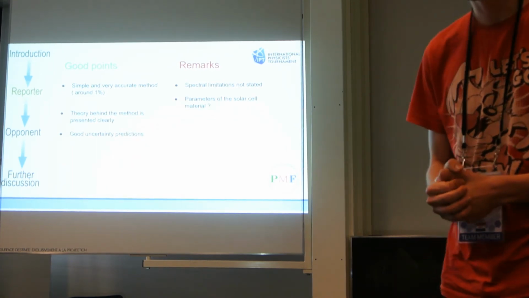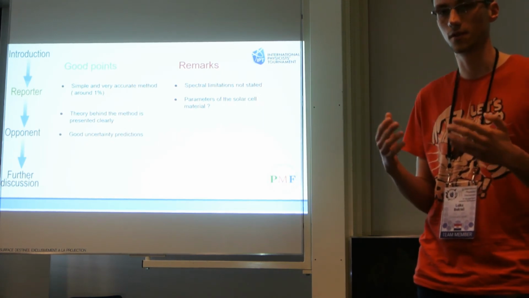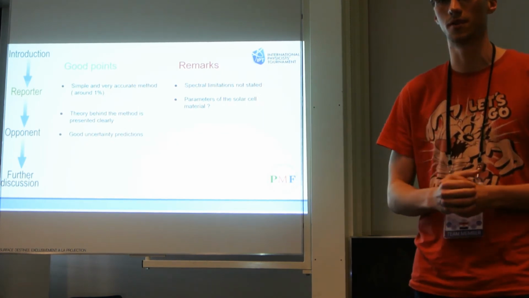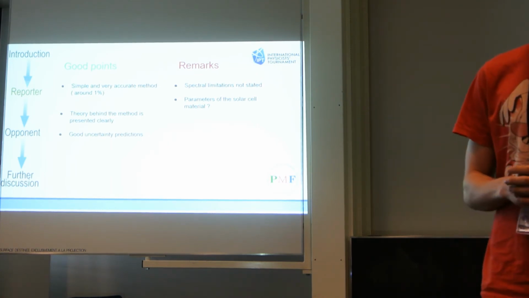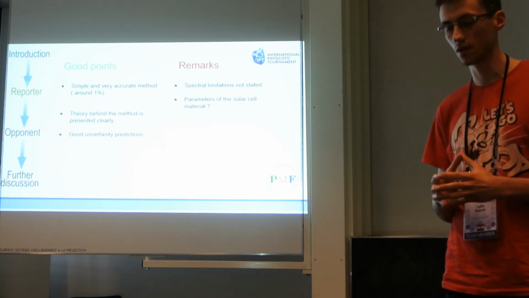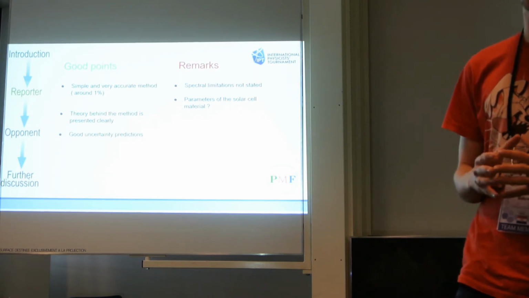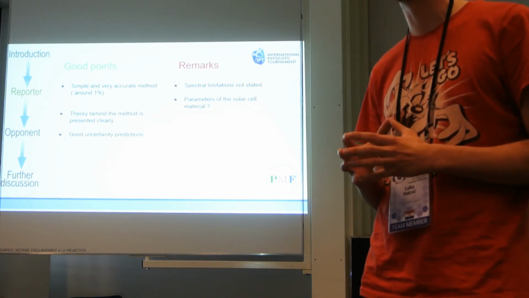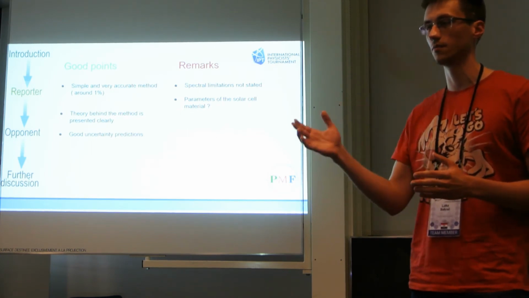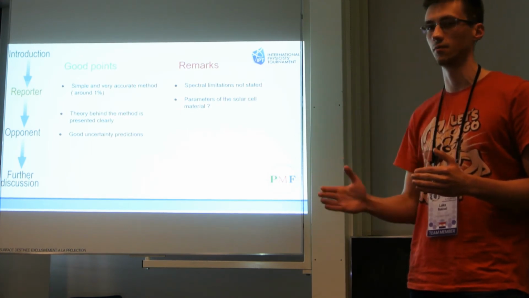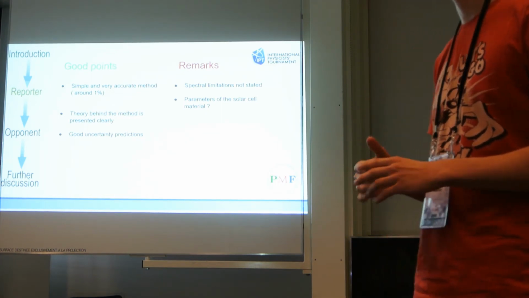Also, the theory was explained pretty clearly, so I hope everyone understood it. Also, the uncertainty predictions from the current measurements were explained well, but there are some remarks about the spectral limitations, like, let's say, the maximum frequency which could be measured, and also the parameters.